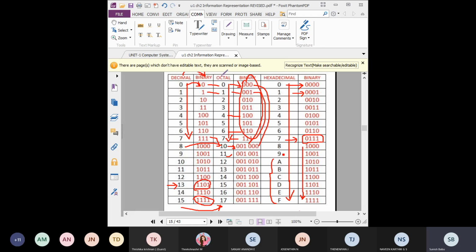Now the octal's equivalent binary value. How to do it? Octal's equivalent binary number will be a 3-digit binary number, because octal, 2 power 3 equal to 8. So always remember octal's equivalent binary will be a 3-digit number. Hexadecimal's equivalent binary number will be a 4-digit number. Understood by everyone?